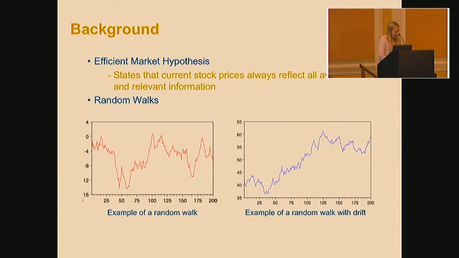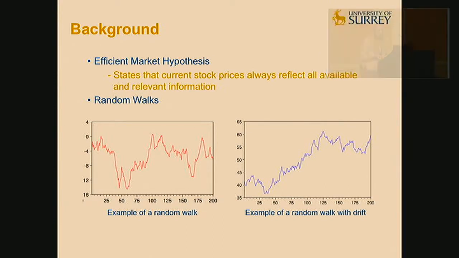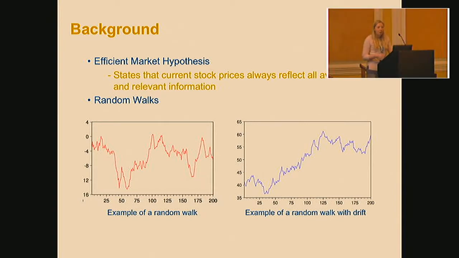The efficient market hypothesis states that current stock prices always reflect all available and relevant information. So if, for example, someone hears that a company is going to be doing well in the future, they'll go out and buy stocks for that particular company, which is a sort of self-fulfilling prophecy.